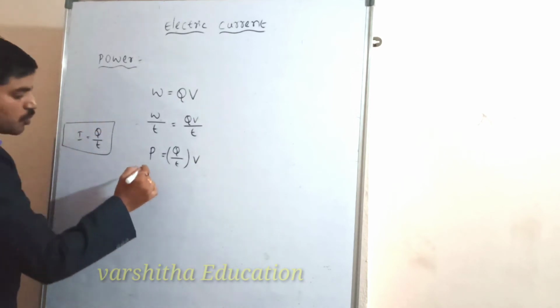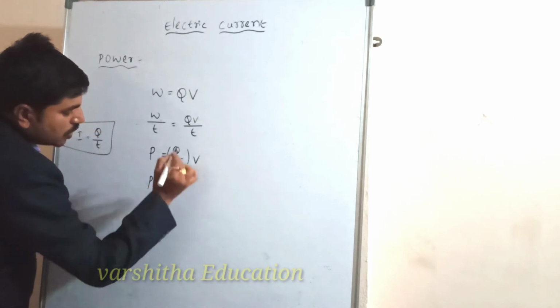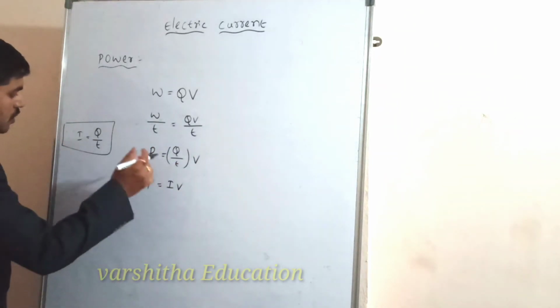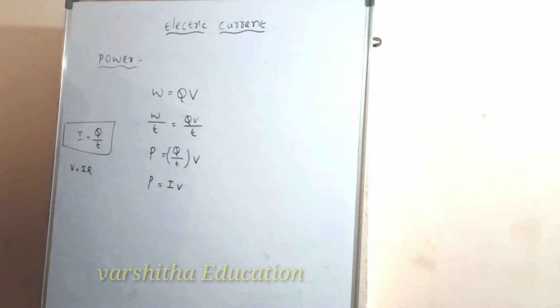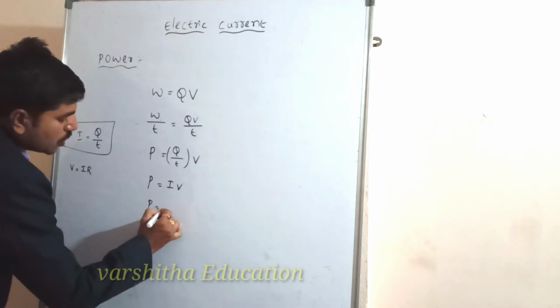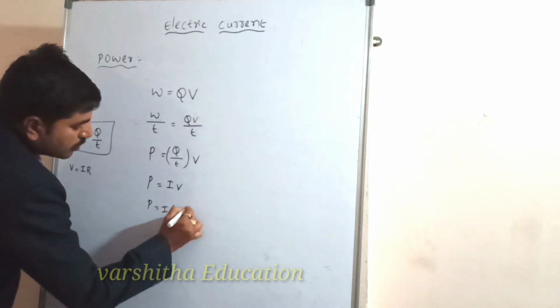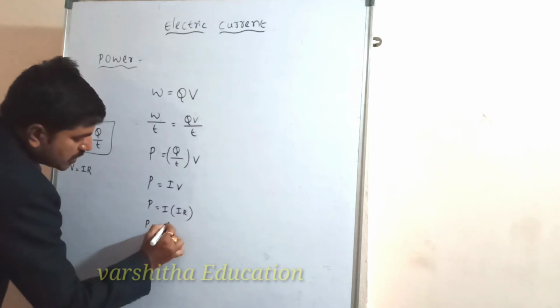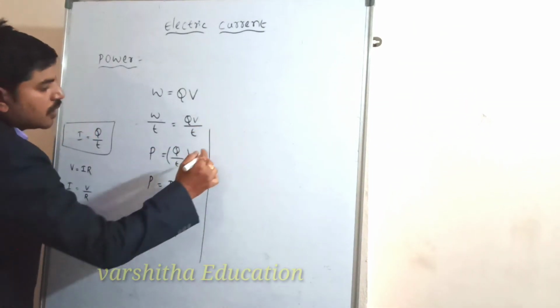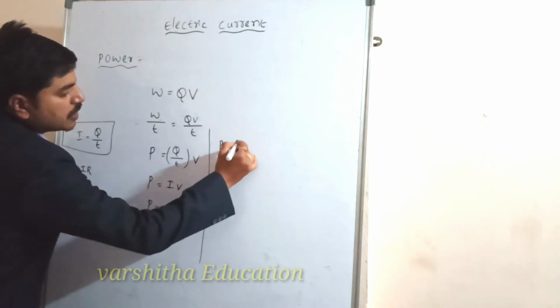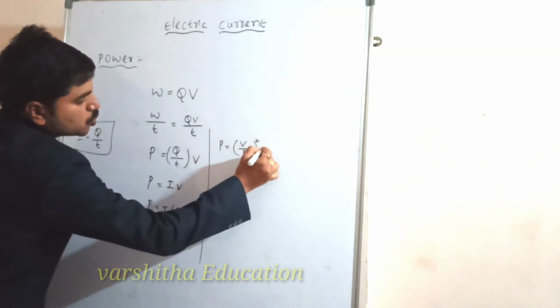Then from this equation I write P is equal to I into V. Otherwise, one more formula is that V is equal to I into R. Then P is equal to I into I into R, so P is equal to I square into R. And one more formula is I is equal to V by R, by using Ohm's law. Then if I substitute this value in the equation, P is equal to (V by R) whole square into R.